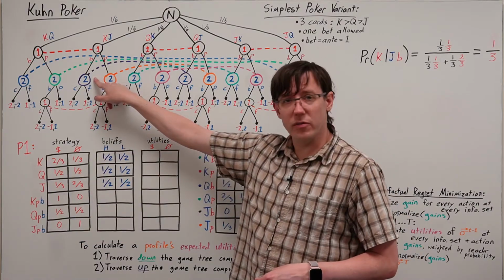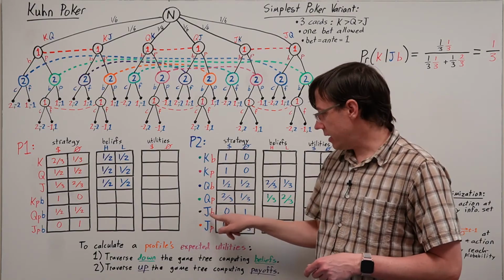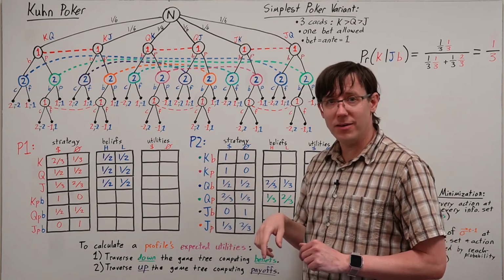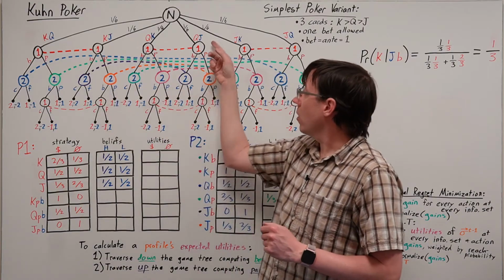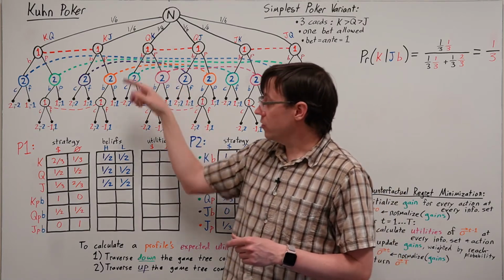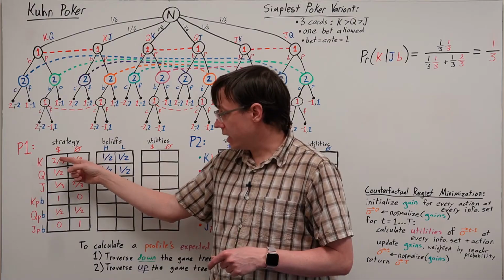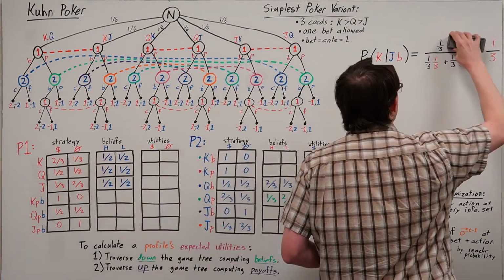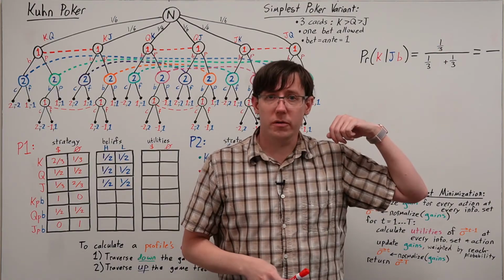At the purple information set, player 2 has been dealt a jack and has seen player 1 play bet, and player 1 could have been dealt a king or a queen. So we need to look up player 1's probability of playing bet if they were dealt a king or a queen. Those deals each happen with probability 1/3.